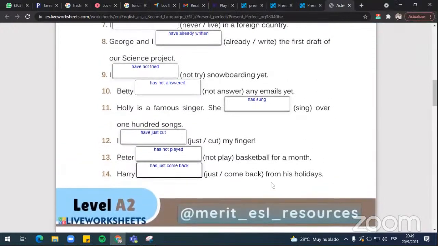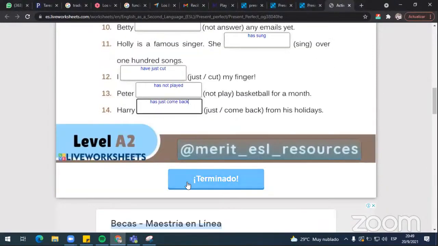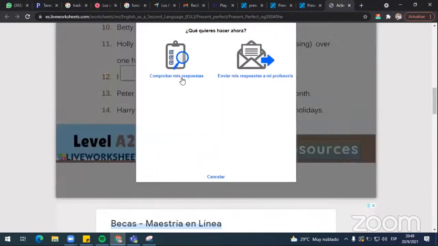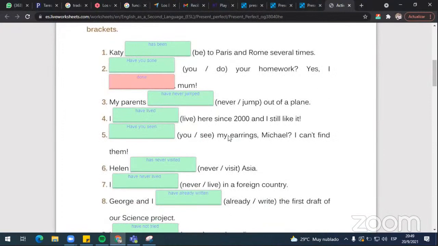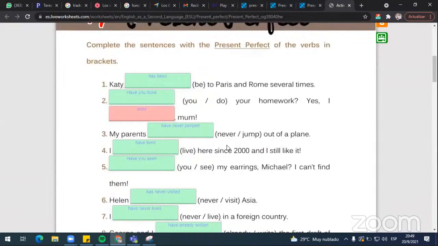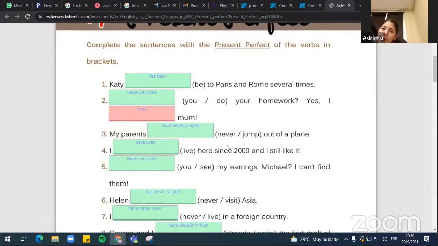All right, let's take a look at the mistakes, if we have any. All right, so why do you think number 2 response is incorrect? What do you think, guys? A ver, ustedes mismos corrijan. What do you think? Yes, teacher. The verb, I have.